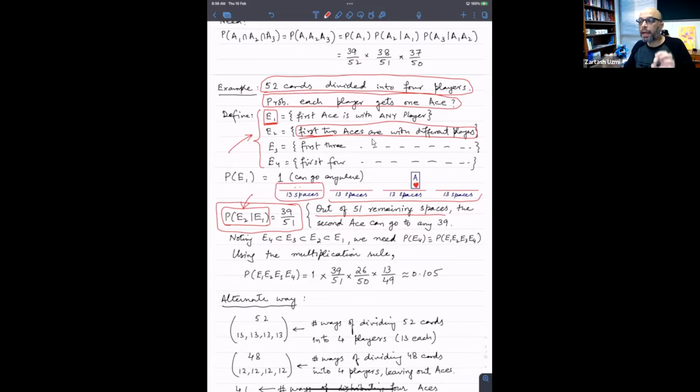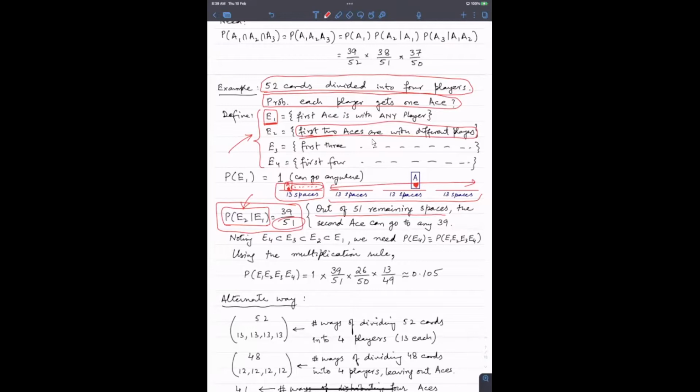Okay, we cannot put another ace in. See this, suppose one ace has come to this player, and let's say it is the ace of diamonds. Okay, now they have 12 more spaces. On those 12 spaces I don't want to put an ace there. So that means I am left with 39 other spaces. The second ace can come in these 39 spaces, and the second ace that comes in 39 spaces is out of the remaining 51 spaces, where 12 are these and 39 are these, which total 51. Okay.